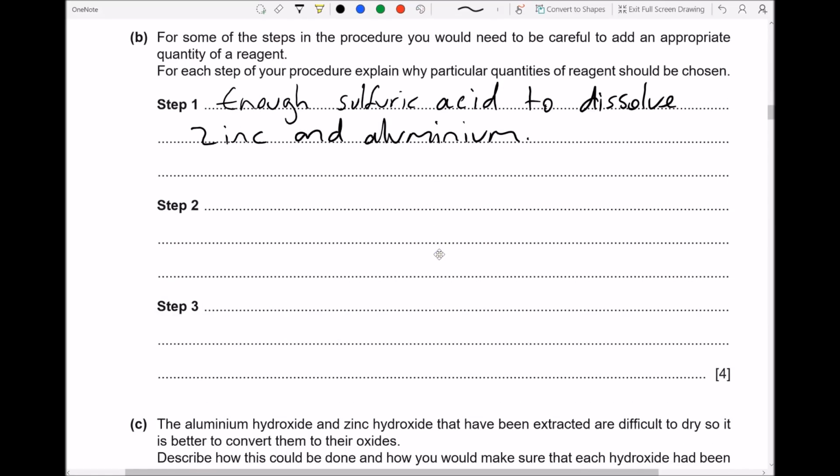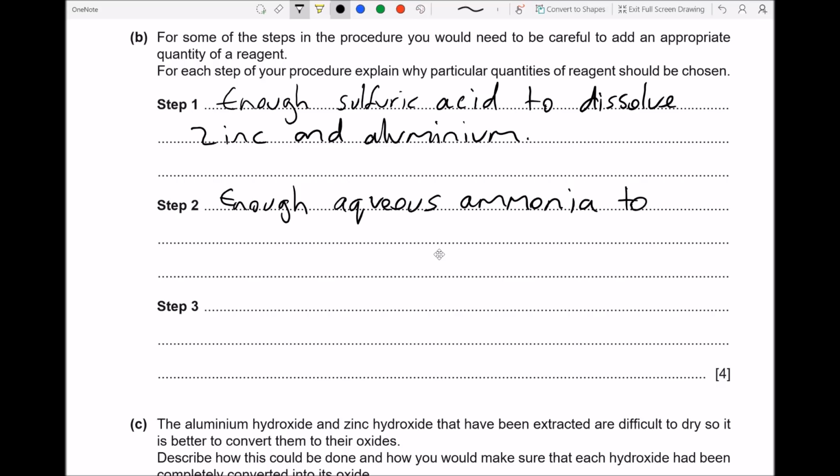So step 2 is we need to add enough aqueous ammonia to precipitate, so to form precipitate of aluminium hydroxide.